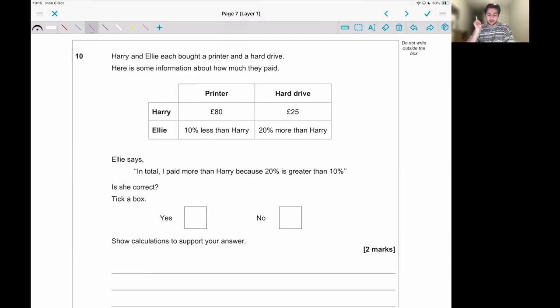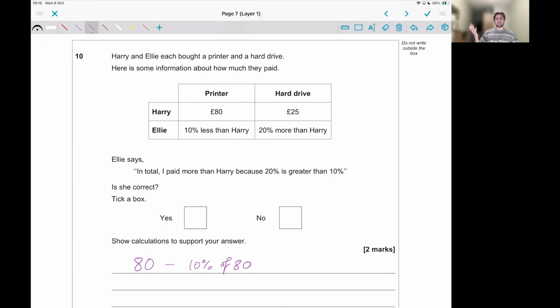So how much did she spend on the printer? Well, Harry spent 80 quid and she spent 10% less than Harry. So we're going to take the 80 quid and we're going to subtract 10% of 80. And that's going to be how much she paid.